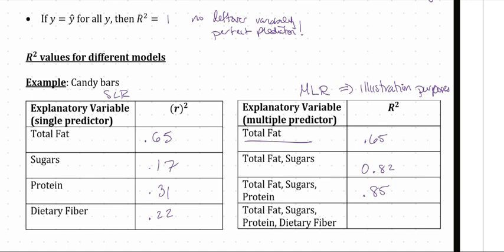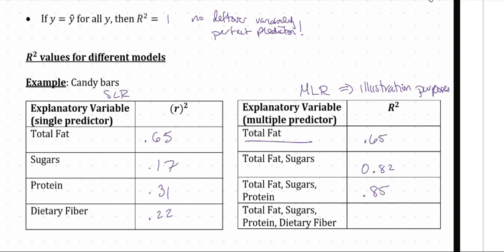But we also know that peanut butter and peanuts have high concentrations of fat. And so if we're adding more protein to candy bars, we're probably also adding more fat to candy bars. So if we're already explaining a lot of the calorie content with fat, then protein may also explain some unique things about calorie content, but not that much.